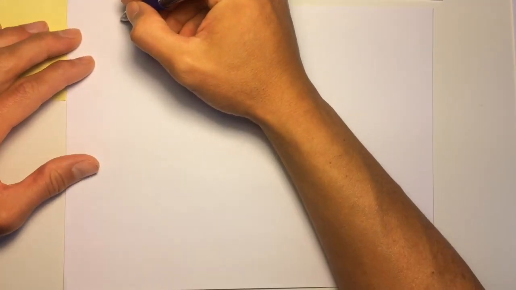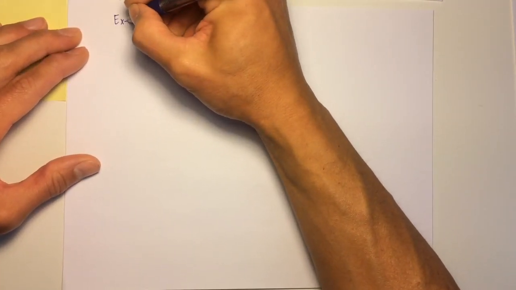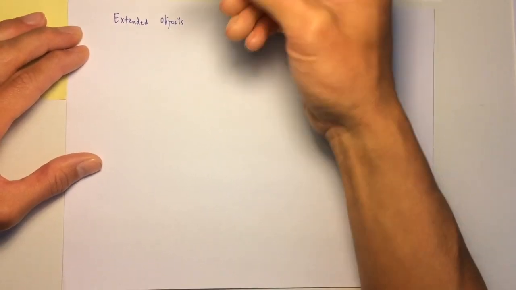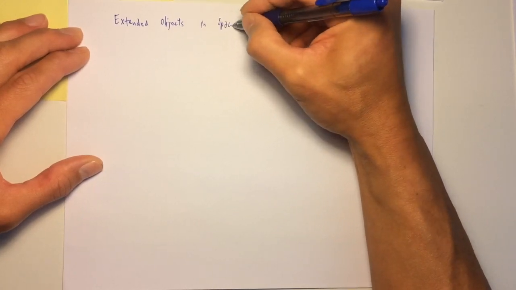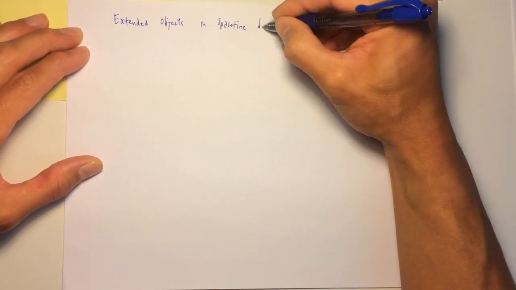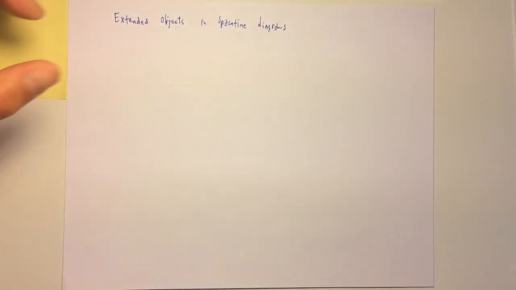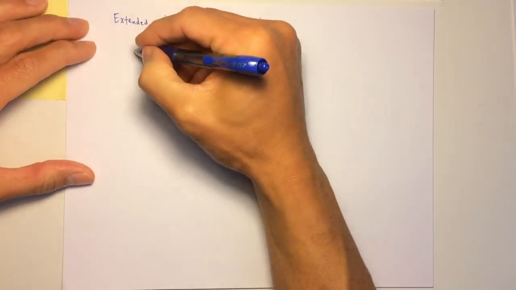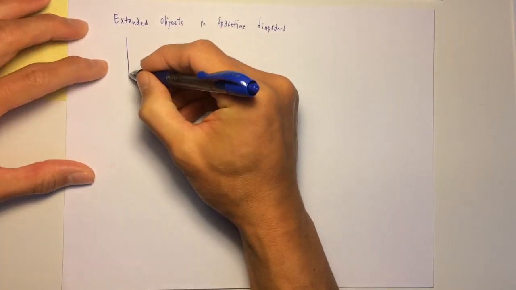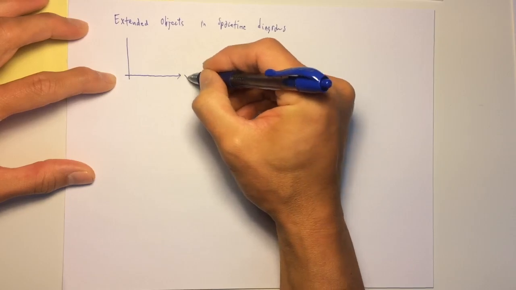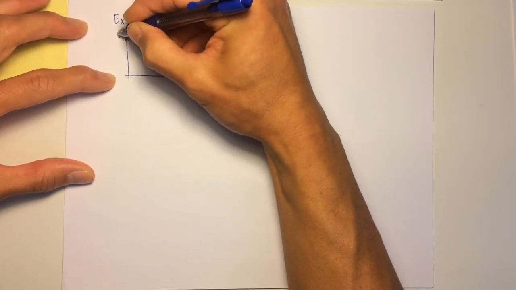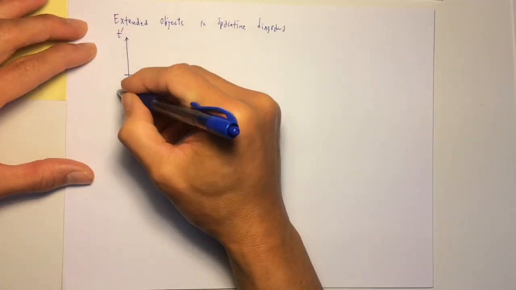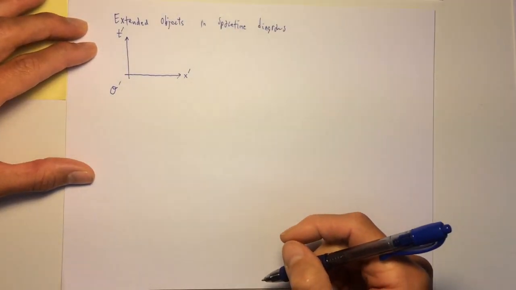So the next thing, let's think about extended objects in space-time diagrams. So for this one, this is kind of cool. Let's imagine that there is a reference frame. So here is x, t, except I'm going to call this O prime.